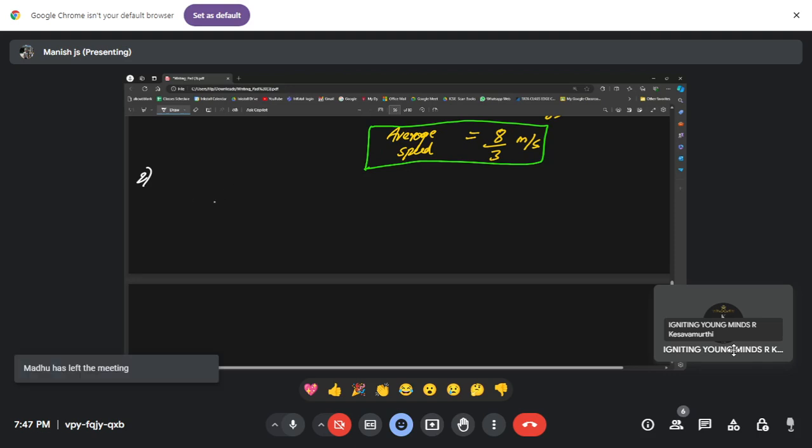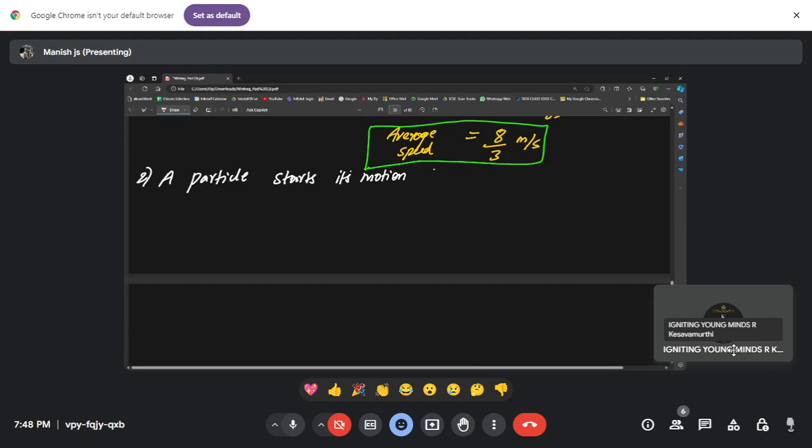A particle starts its motion from rest under the action of constant force. Okay, under the action of constant force.